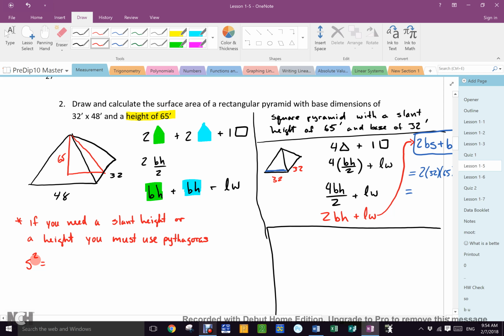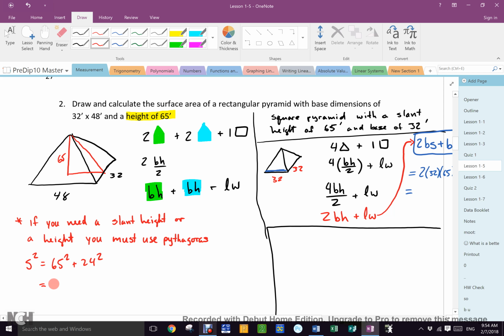It's going to be A squared and B squared from the red side, yes? Well, we know B is 65 squared. What's A? Half of which one? The way I've drawn it right now. You've drawn it half of 48. So it's 24 squared, yes? Yeah. And then what must I do at the end?